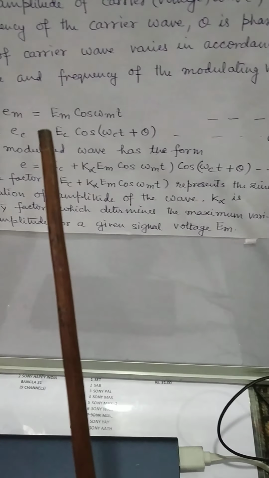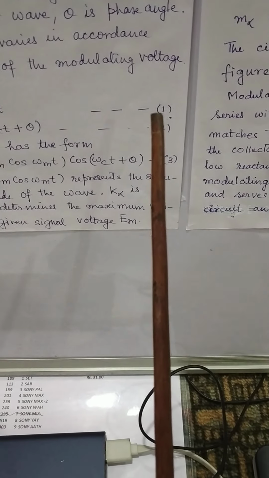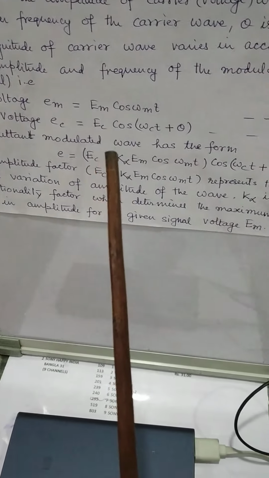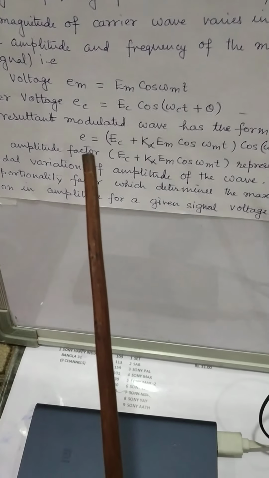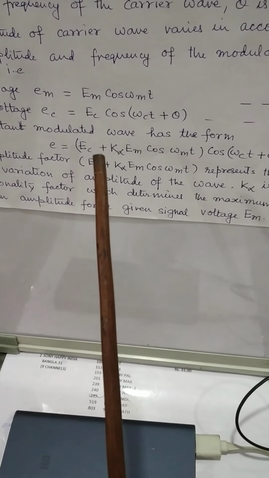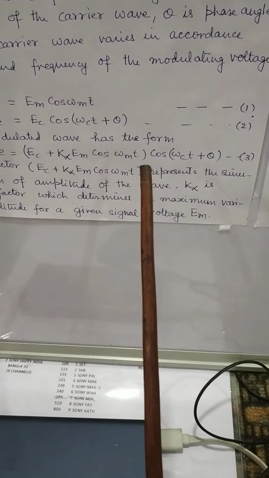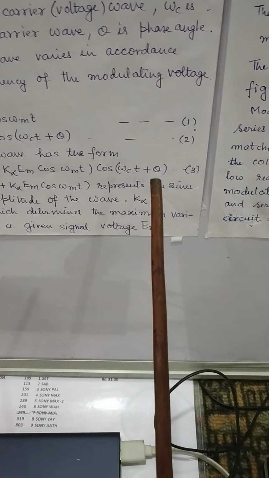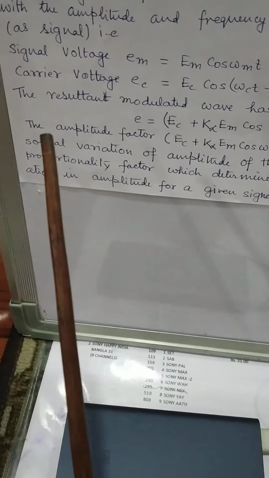The first equation is for the modulating signal, that is equation number 1. The resulting modulated wave is e = (E_c + K_α E_m cos ω_m t) cos(ω_c t + θ), which is taken as equation number 3.